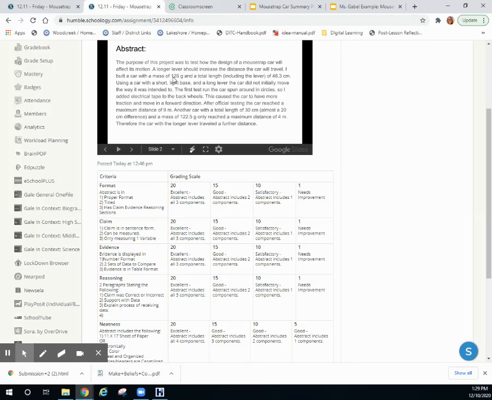I used data like my mass and total length, and I used data from the other car, like mass, total length, and distance traveled, to compare. I briefly explained my design process: short, light base, long lever, added electrical tape for traction. And then I have a conclusion: therefore, the car with the longer lever traveled a further distance. That's basically stating that my claim was correct.